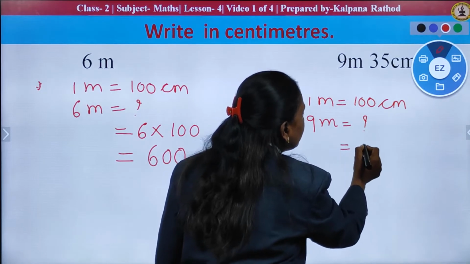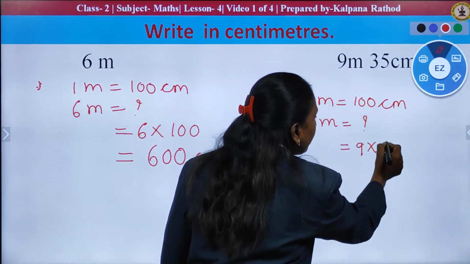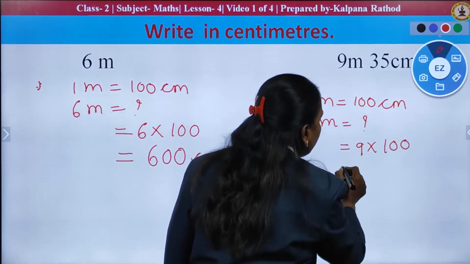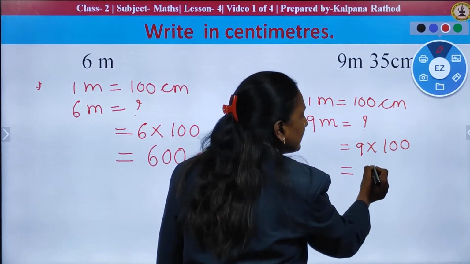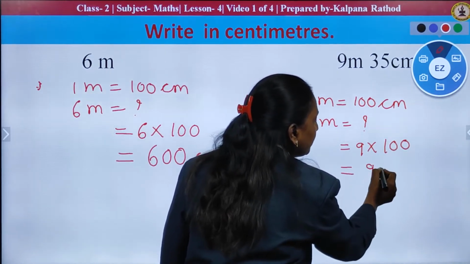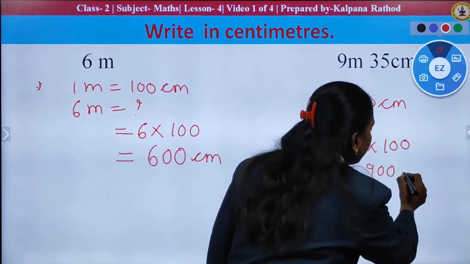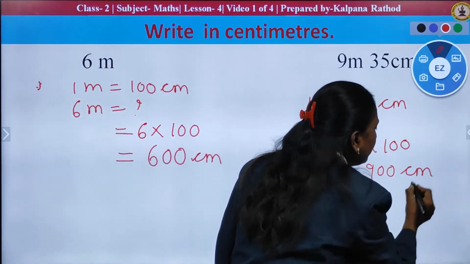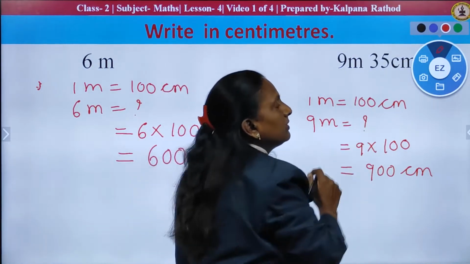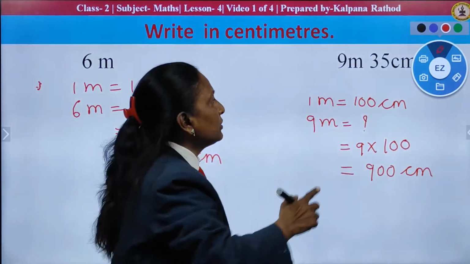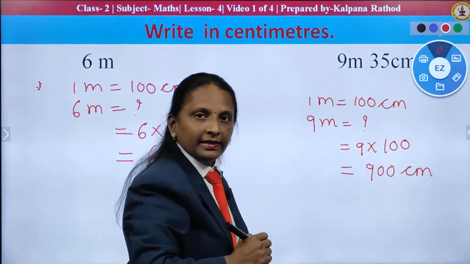So, what to do children? 9 multiplied by 100 equals, 9 ones are 9, then we will put these 2 zeros. This is 900, but 900 what? 900 centimeter. Here extra 35 centimeter is given to us. So we will add that to this 900.